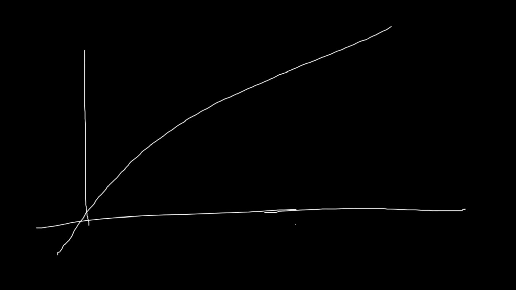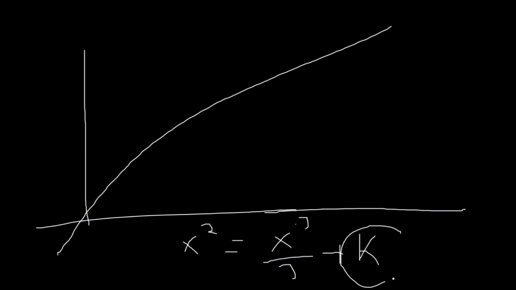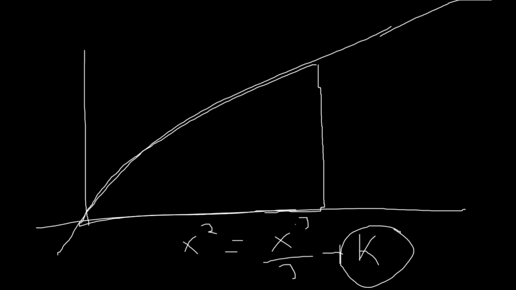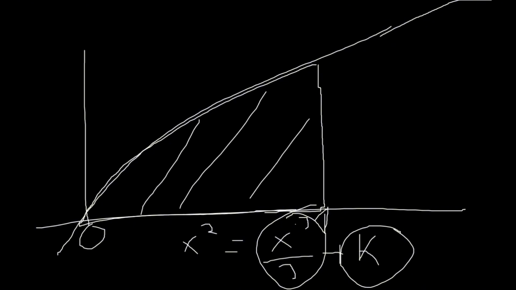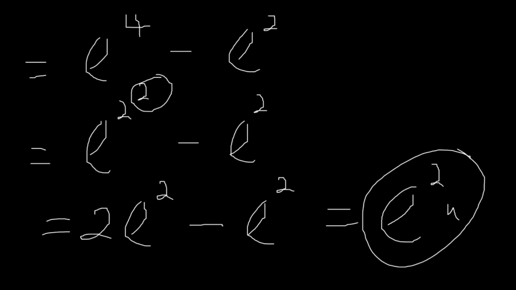If you integrate this without boundaries, like x squared, you have x cubed on 3 plus k. There's a constant because there is no limitation to this curve. But as long as they have told us this is the limit, we are going to find the area, you consider the boundary. We substitute it here and have the exact area in unit squares. You are going to punch this on your calculator and have a specific, approximate value.